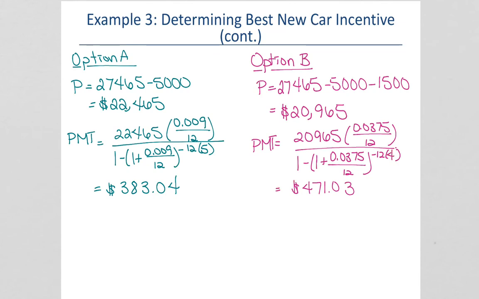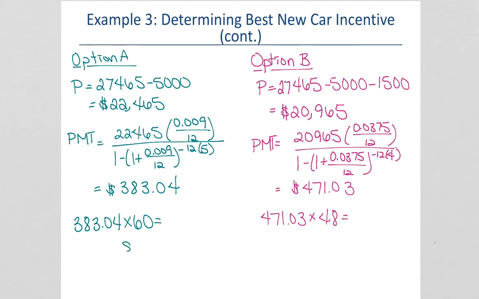Okay, so looking at the payments each month, it looks like option A would be better. But to really compare, we need to see how much he's going to end up paying total. So the total payment would be this payment amount number times 60 for option A, and for option B, it'd be our payment times 48.